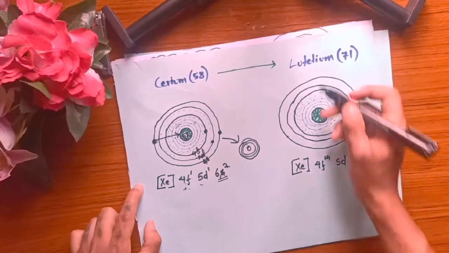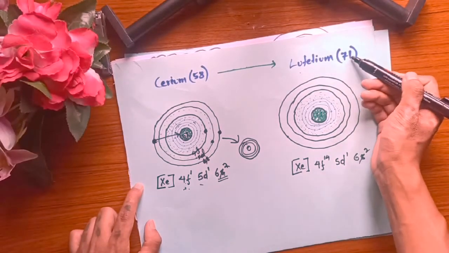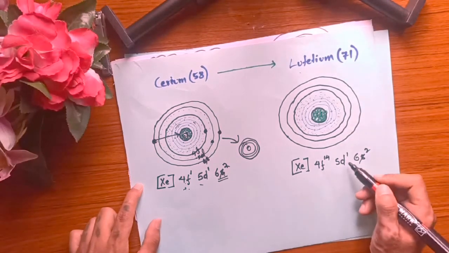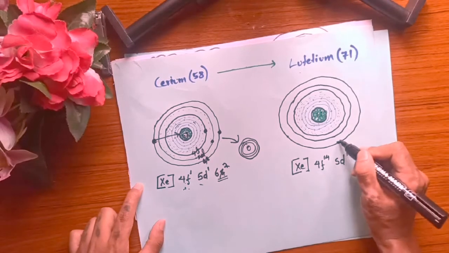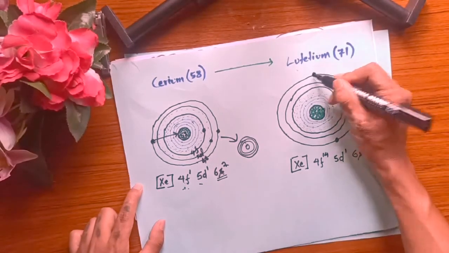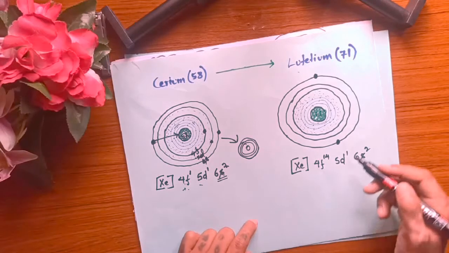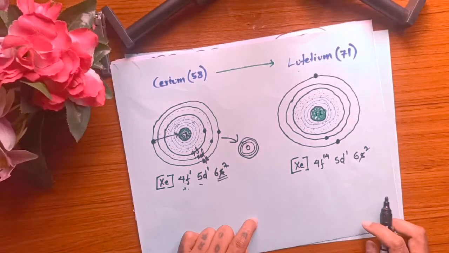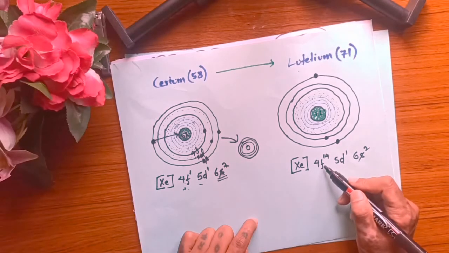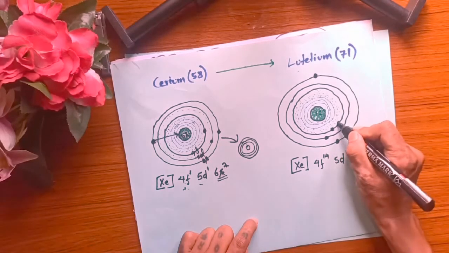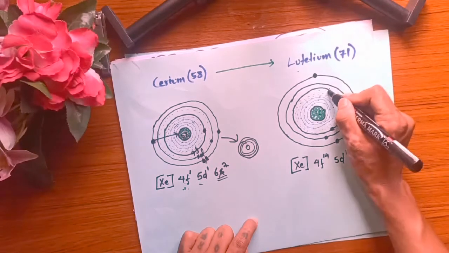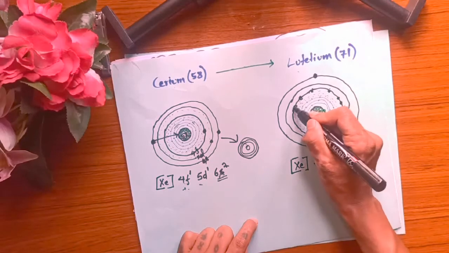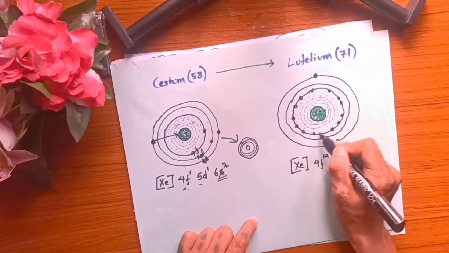So is the case for the lutetium. As you can see, the atomic number increases, 71. So in this case, you have 2 electrons on this. The outermost electrons are the 6s electrons, and you have 1 electron in the 5d orbital, and in the 4f you have 14 electrons. 8, 9, 10, 11, 12, 13, 14.